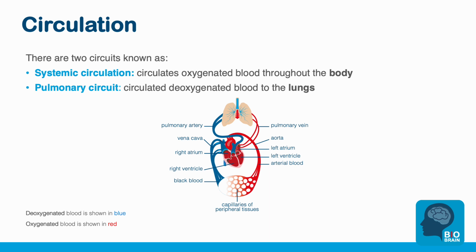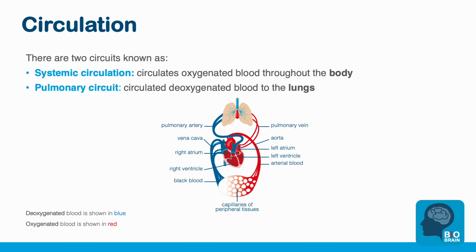This blood is low in oxygen and is called deoxygenated blood, which is shown in blue on the diagram. The systemic circulation is responsible for pumping blood back from the body to the lungs. Deoxygenated blood travels via veins back to the heart via the vena cava.